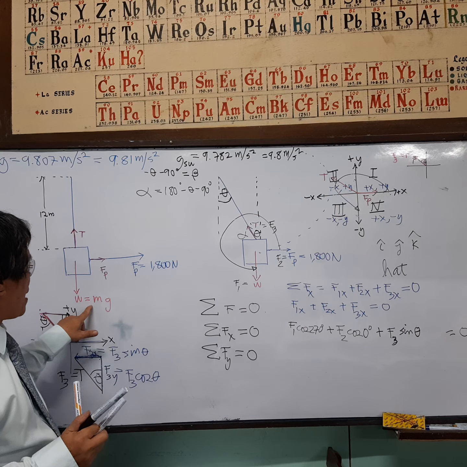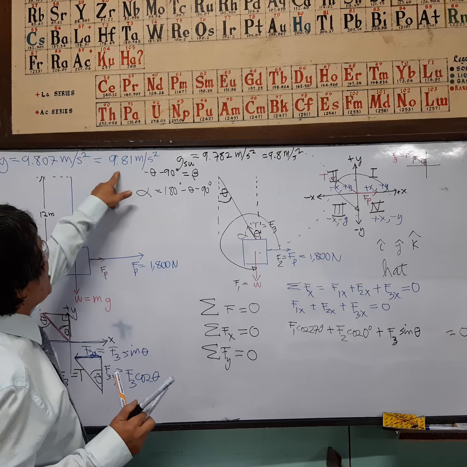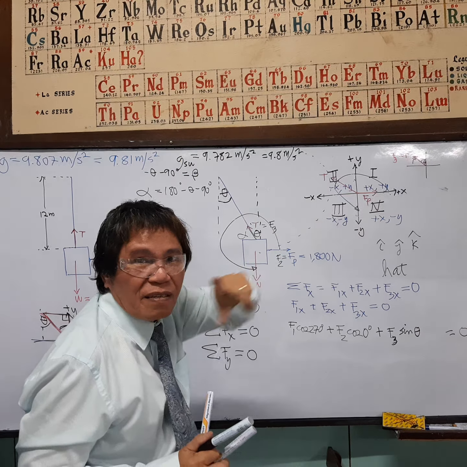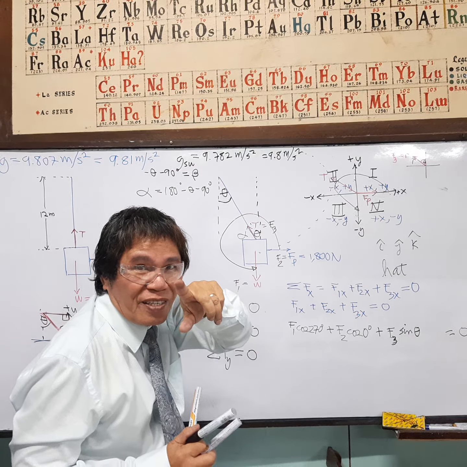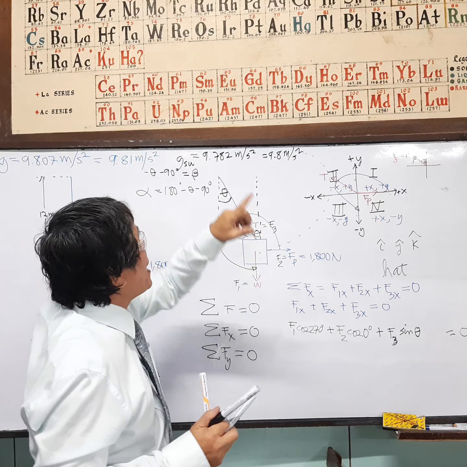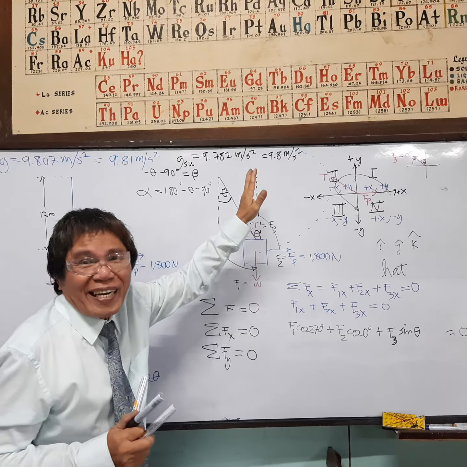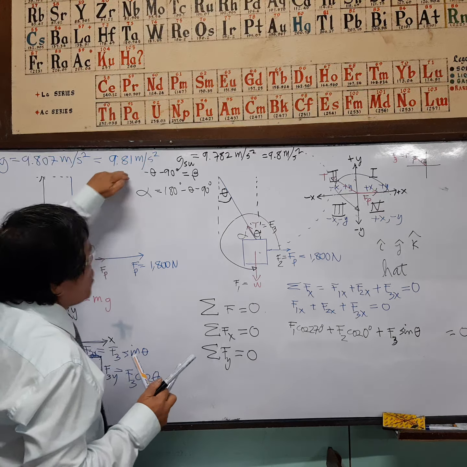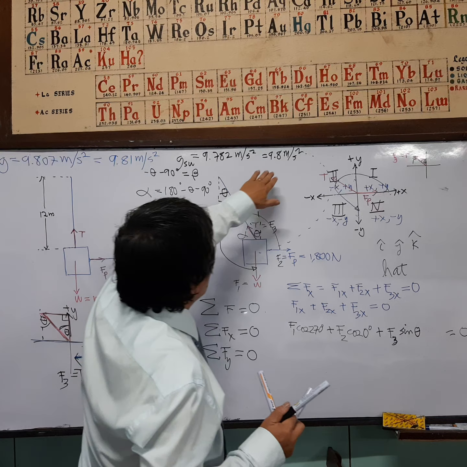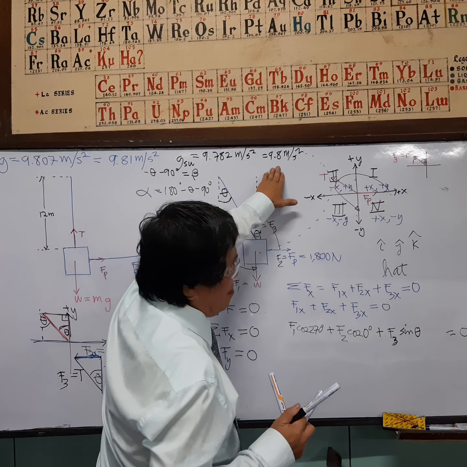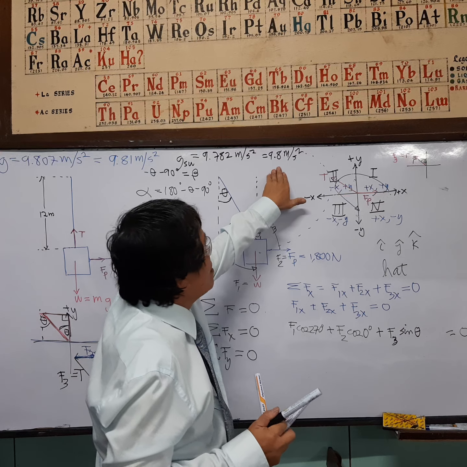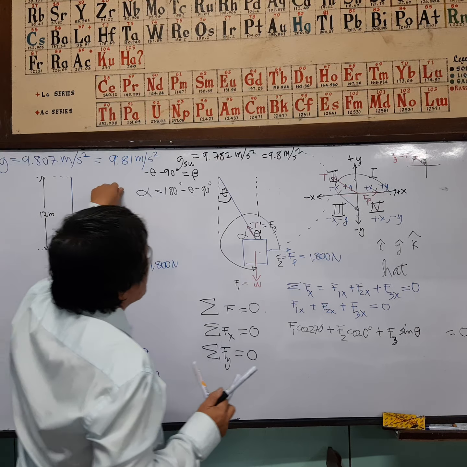G is 9.81 or 9.8. Your choice is as good as mine between the two. You use 9.81, or you use 9.8. It's okay.